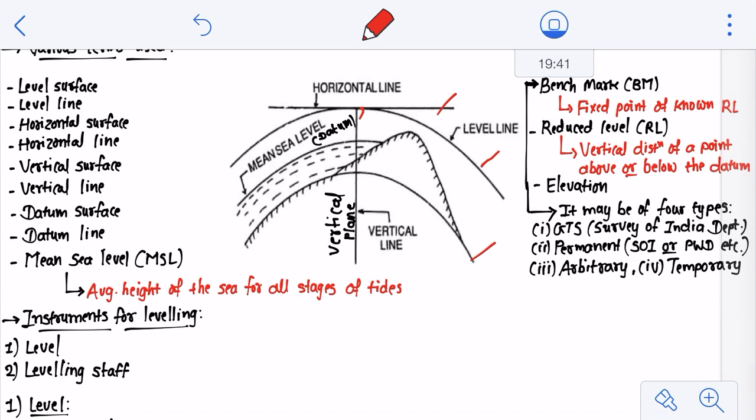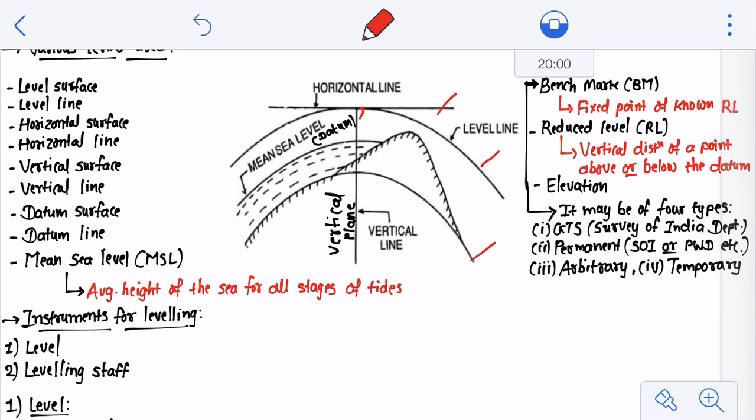So if you average the hourly tide heights for a period of 19 years for a particular place, then that is termed as the mean sea level for that place. And that is different for different nearby seas, for different countries, right? So that's your mean sea level.